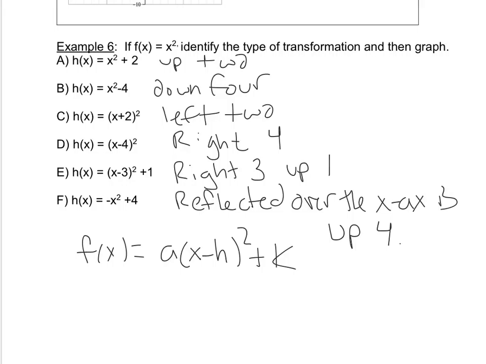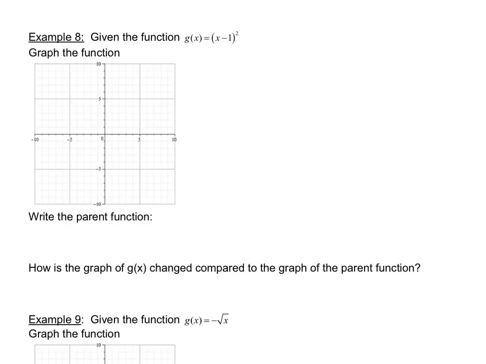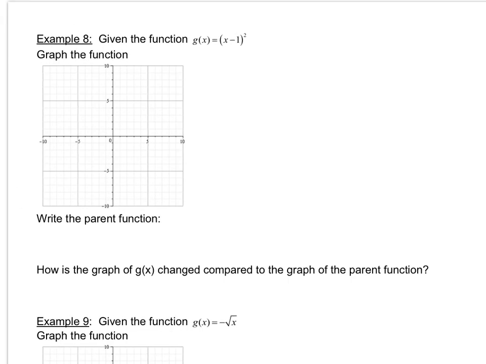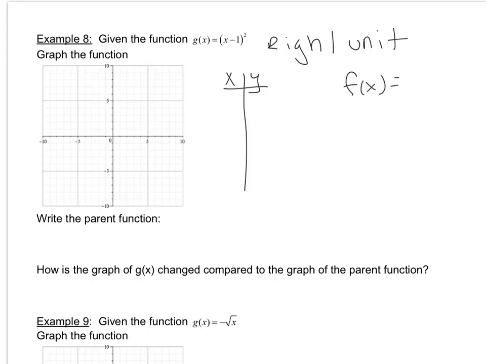Let's take a look at some things. So here will be a good example of what we mean by these shifts up here, okay? So if I look, this means it's going to be right 1 unit, okay? Now, so here's the problem with that. Well, let's start. If we start with just the parent function, which would be f of x equals x squared, you would have negative 1, 0, and 1.